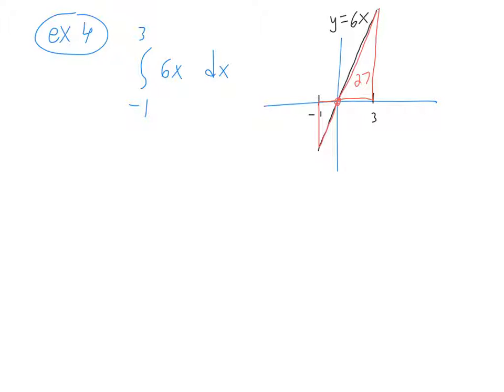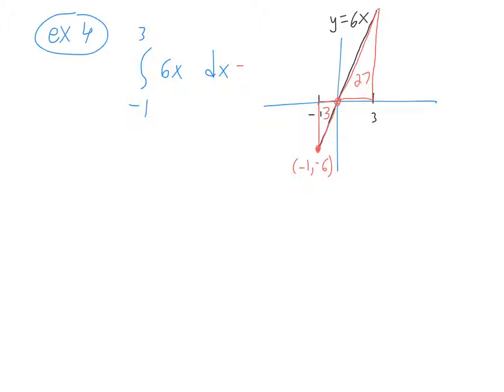Now, this other triangle here, if we were to look at the coordinates of this point, this is negative 1. If I put negative 1 into the function, I get negative 6. Now, the area of this triangle down below here would be 3. But remember, because it's down below, that's technically going to give us a negative in our definite integral.